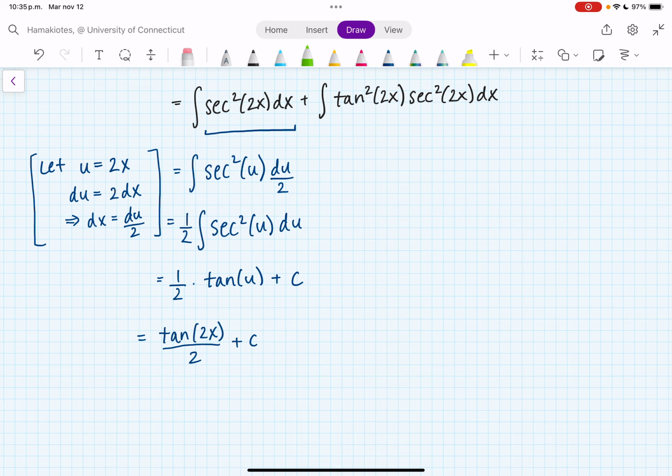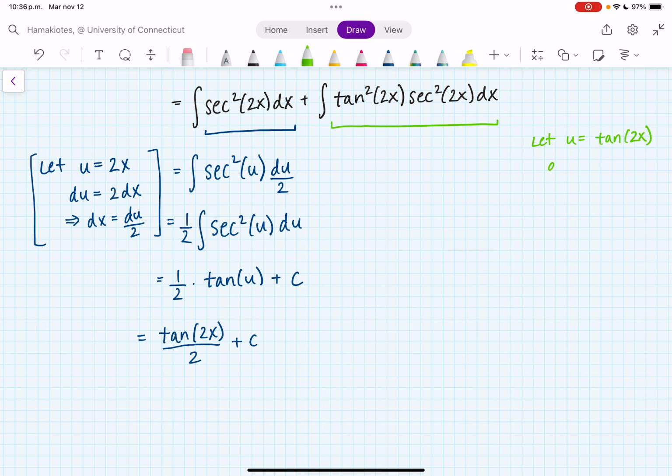But now we have our second integral to evaluate. So for this one, we'll let u equal tan of 2x.